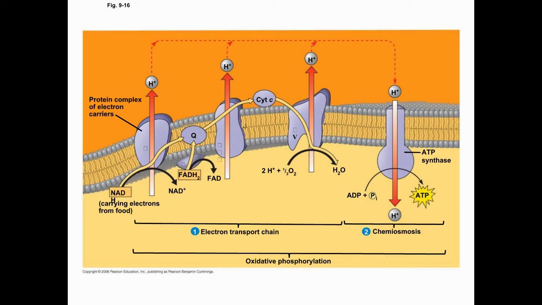And it provides the energy to form the endergonic reaction of ADP and a phosphate group into ATP. That phosphate group is called Pi, not as in 3.14, but it just means inorganic phosphorus. It's always noted as inorganic phosphorus. So ADP plus the phosphate group, with the energy from the ATP synthase being powered by the hydrogen movement, powers the production of ATP.